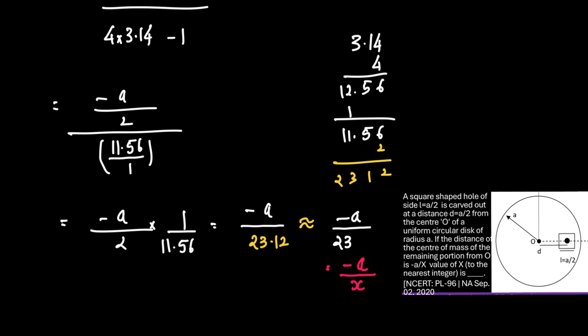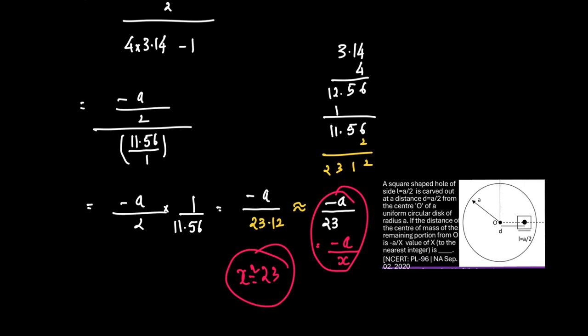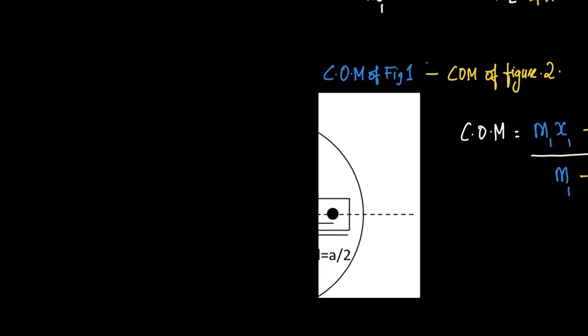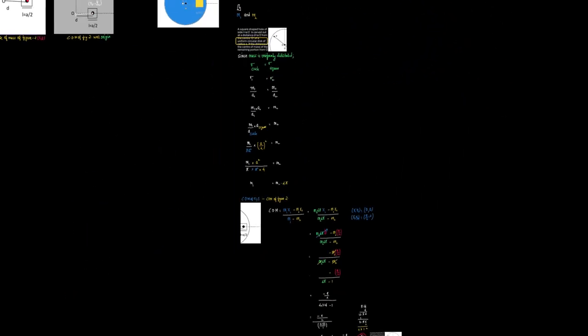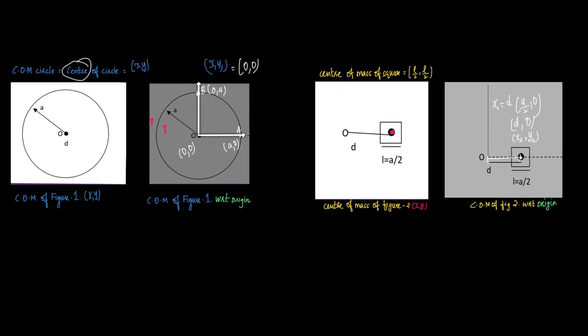Therefore, if the distance of the center of mass is minus a by x, comparing these two values, x can be approximated as 23. So that's the calculation here, and the most important point is to understand the calculation of the centers of mass of these two figures.